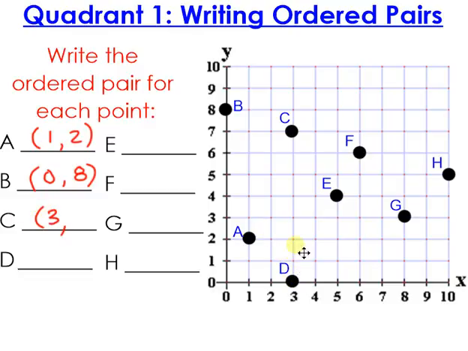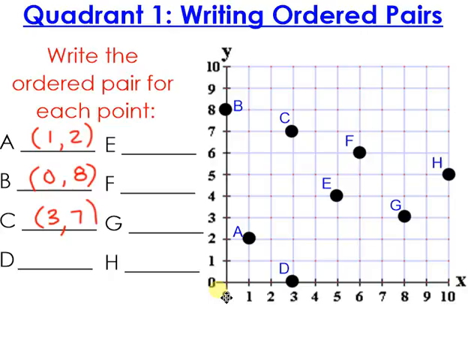And then it goes up, up, up to 7. The reason why we separate with a comma is because if we didn't, it would just say 37. And the reason why we put it in parentheses is because if we didn't, it kind of looks like you're just ordering integers. Okay?